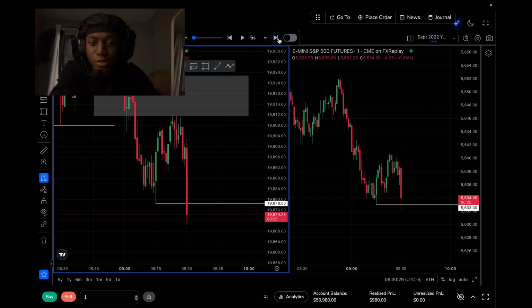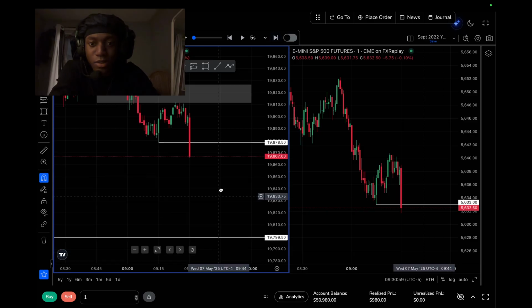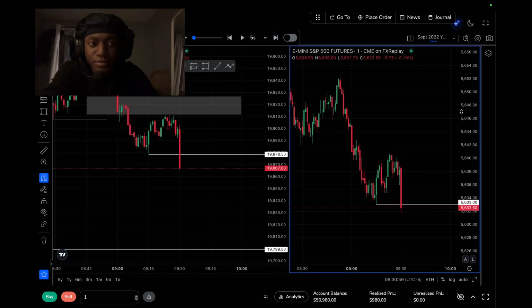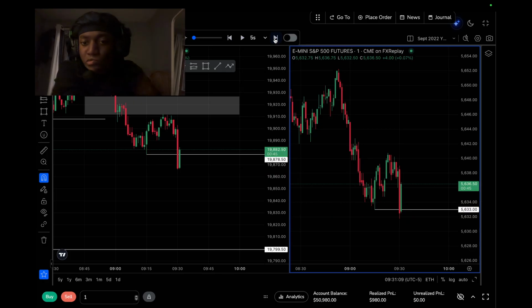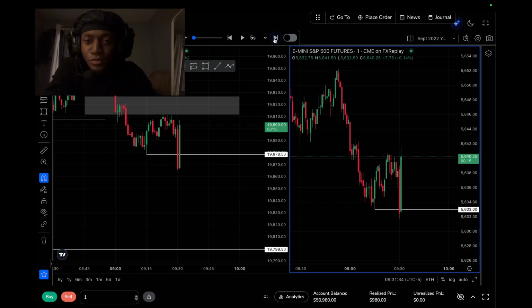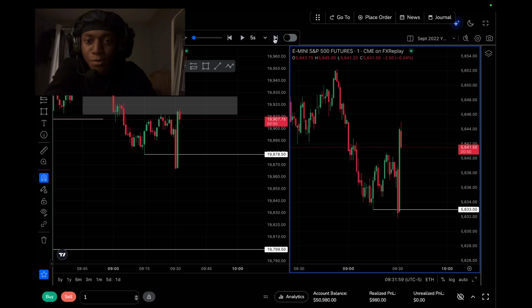Okay, we're displacing lower past that low. How do we react to it? Now we get a super bullish candle right after.